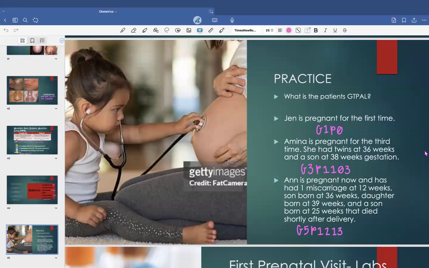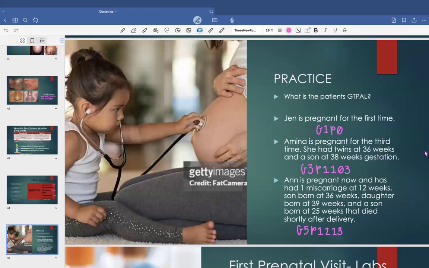Why do you have premature as 1? It should be two. What is preterm? It's born under how many weeks? The miscarriage or loss is at 20 weeks or less. So preterm is 20 to 36 weeks, so the 36 week is still counted in the preterm, and the 25 week is counted in the preterm.